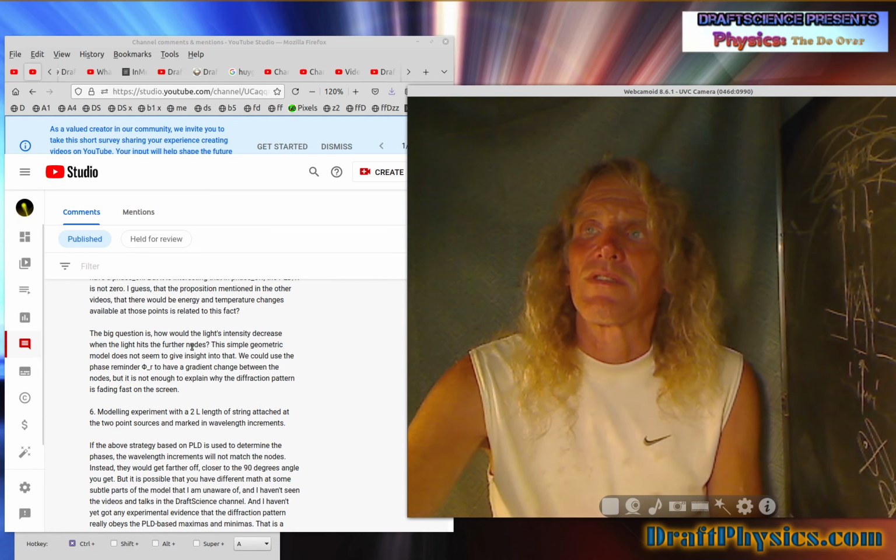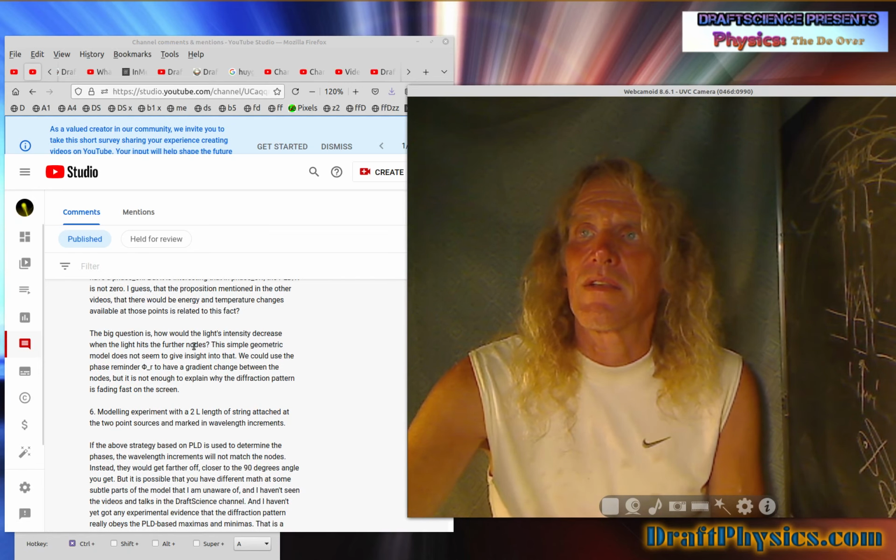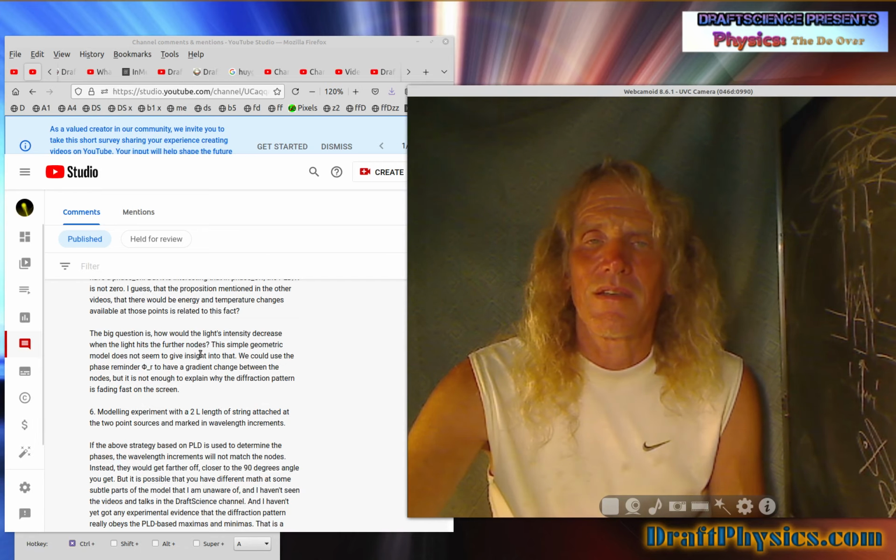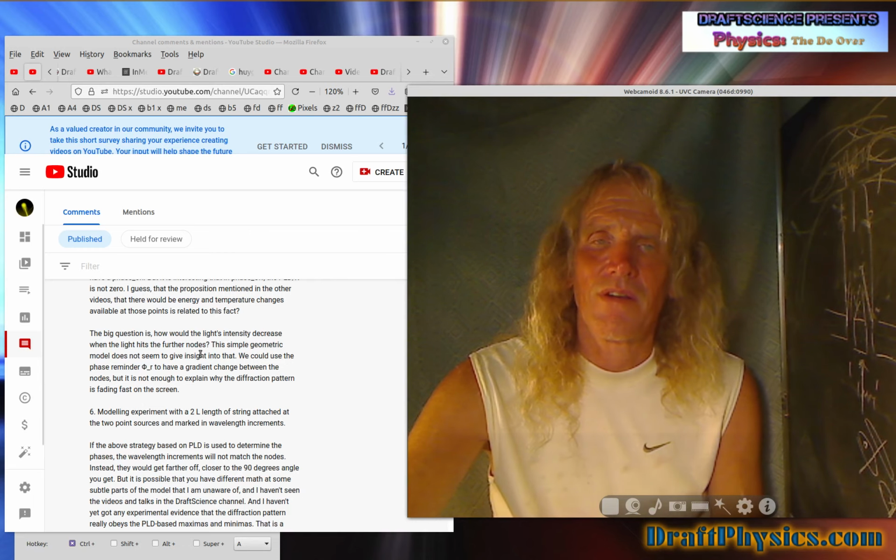The big question is, how would the light's intensity decrease when the light hits the farther nodes? So obviously, on a curved screen, there's no farther nodes.